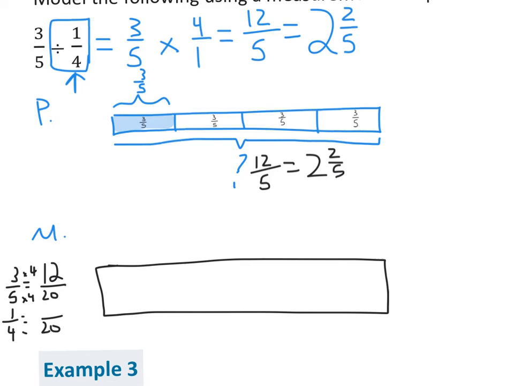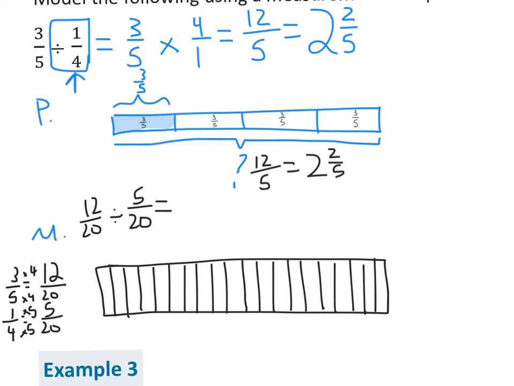And this is times 5, so it's going to be 5/20. And what I'm going to do now is break this into 20ths. And so now that I have 20 equal pieces, my problem translates, after finding equivalent fractions, to 12/20 divided by 5/20, which means if I had 12/20, how many 5/20 can I make from that?